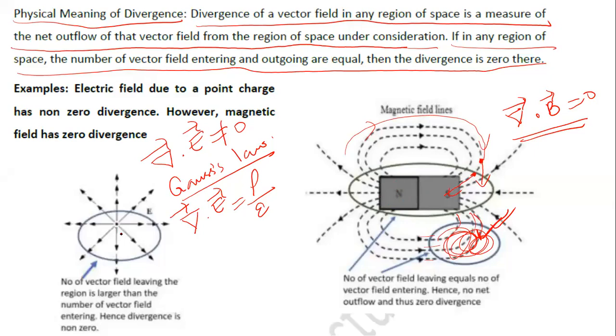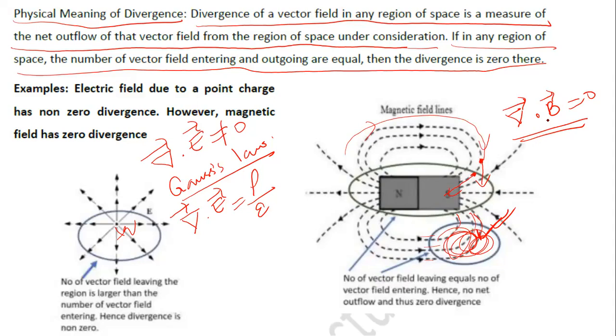Just in the case of a positive charge here, you will find the magnetic lines of force will leave from that north pole, and you would not have any magnetic field lines entering the north pole, isn't it? So if we can have a magnetic monopole like that, then the divergence of the magnetic field will be non-zero.